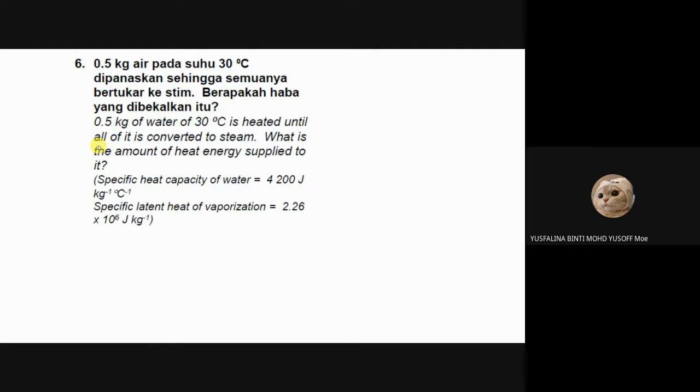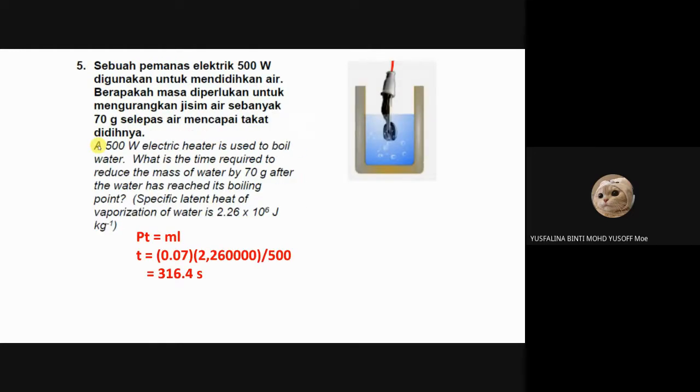You can copy down first for this one. It's just the same as question number 4. You need to find the time. If you have already copied, can you tell me so I can move to the next slide? There's one question that I want to discuss with you. Done.